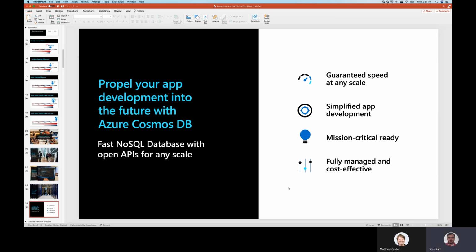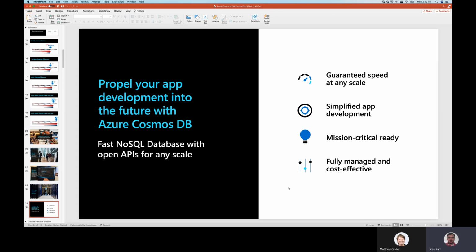So let's talk about how Cosmos DB helps you overcome all the challenges that I have mentioned. In order to overcome these challenges, at minimum, you need the following four things. You need low read and low write latencies, and those latencies should be guaranteed, and you should get them consistently. This is where guaranteed speed at any scale comes into the picture.